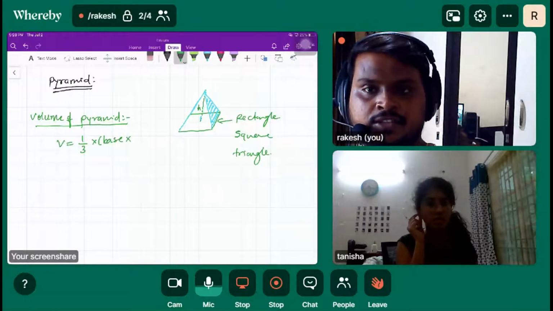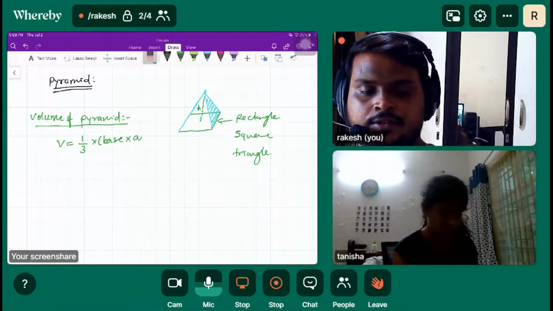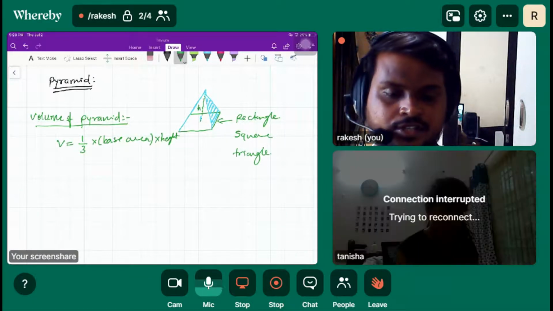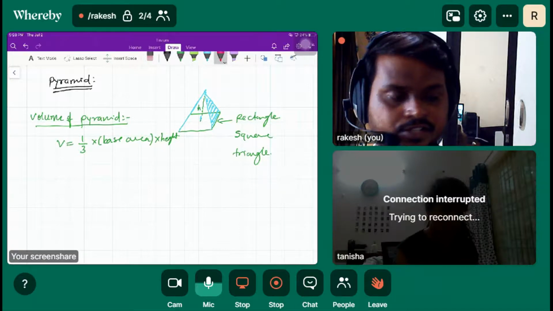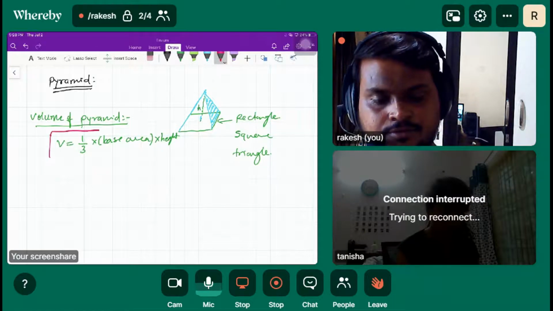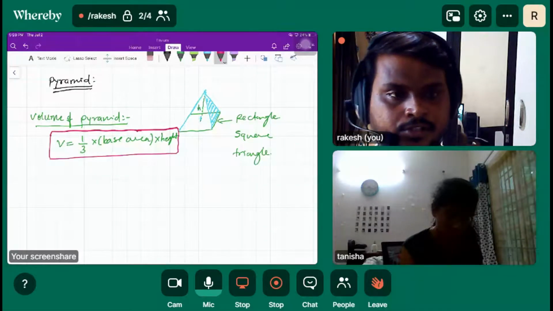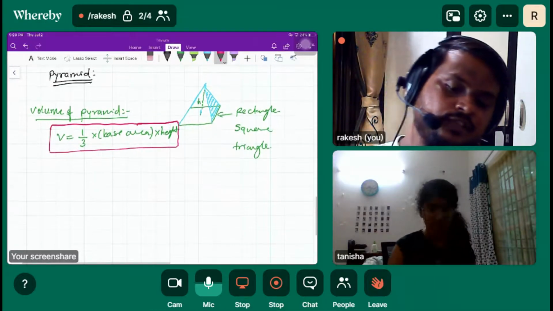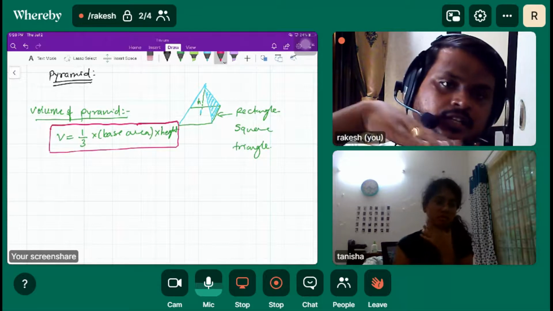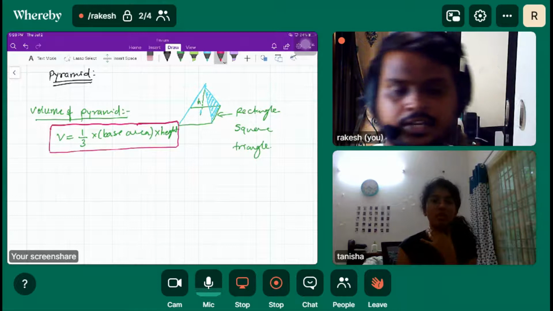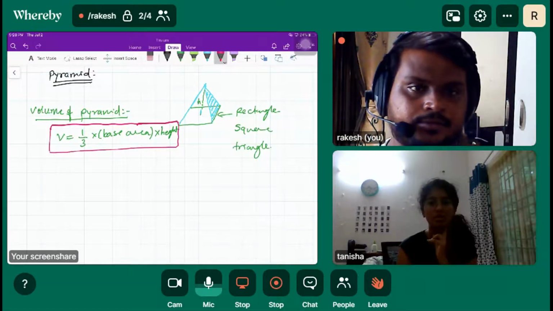That is 1 by 3 base area into height. Try to understand the formula. What is the base here? Base is a rectangle, and into height.